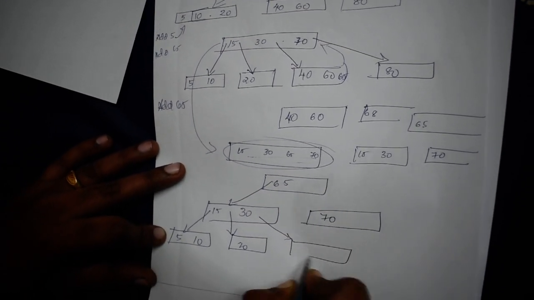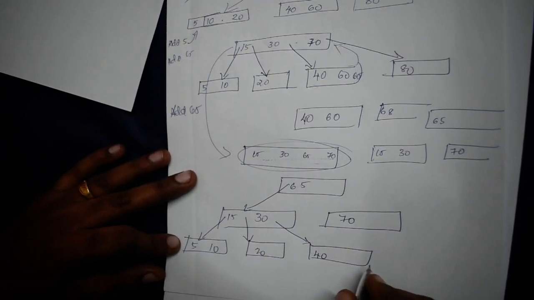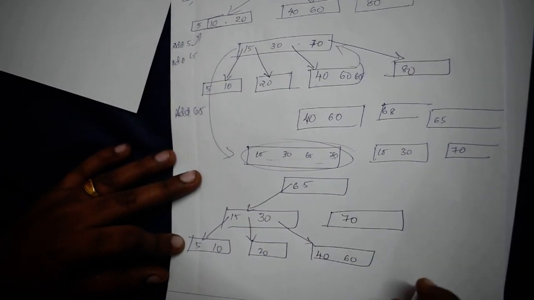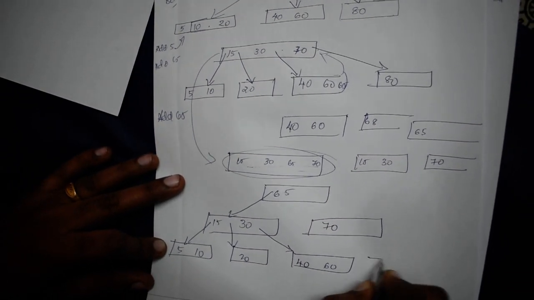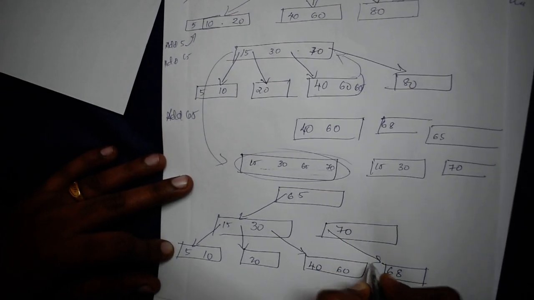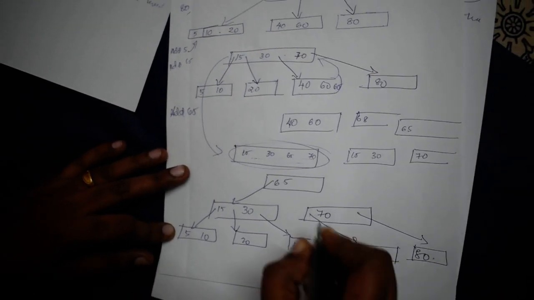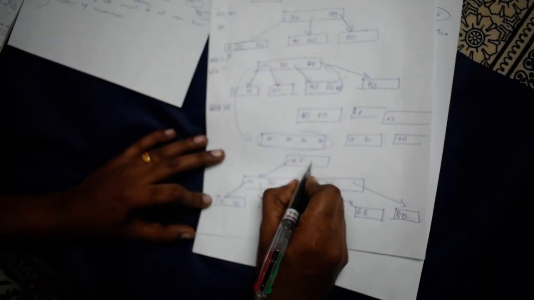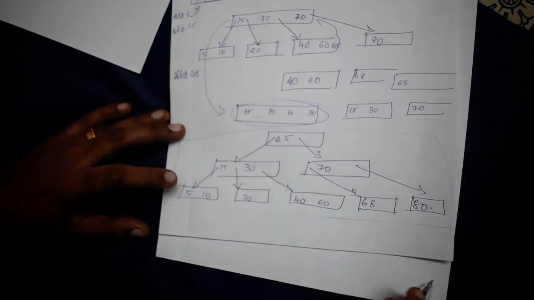Next it will have 40 as well as 60. One more node is there, that is 68. It will come from this one, greater than 70, that is 80 will be here. Likewise it will be arranged. So this will be the final B tree.